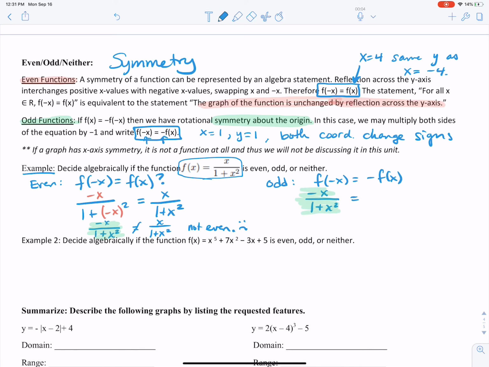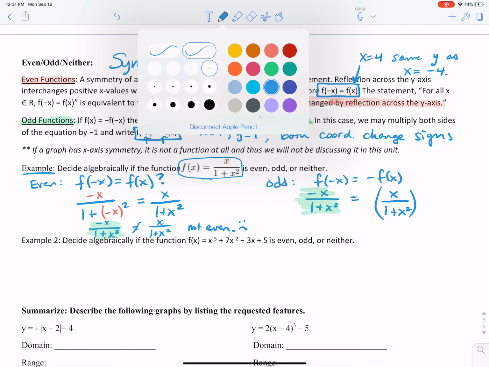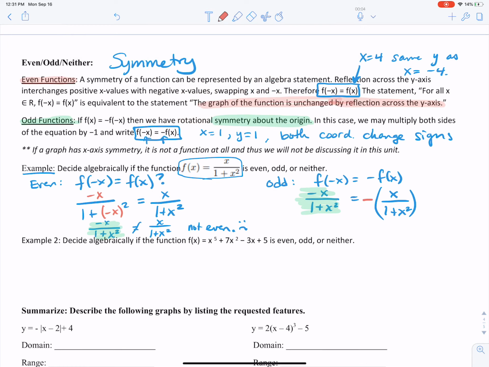Okay, that's the same thing. Negative f of x means take f of x, which is right here, your original, and throw a negative in front. Boop. And now you want to simplify that and see if you get the same thing.